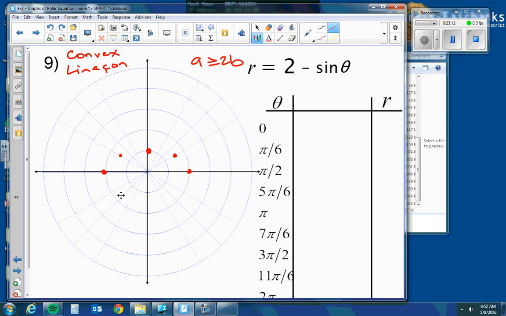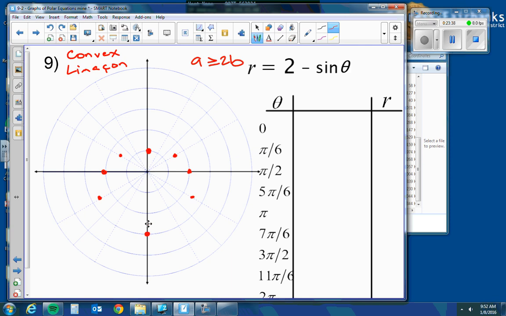So we're now down to 7 pi over 6. Sine is negative 1/2, but if you do minus a negative, you get positive. So it's 2.5, which you could also put over here along that line. And then when we haven't done straight down yet, it's negative 1 there, but minus negative 1 is plus 1, so 3.